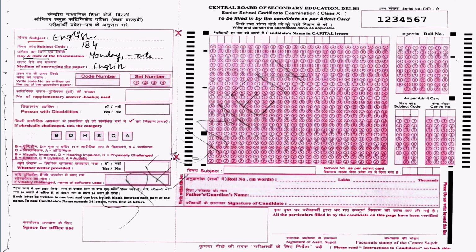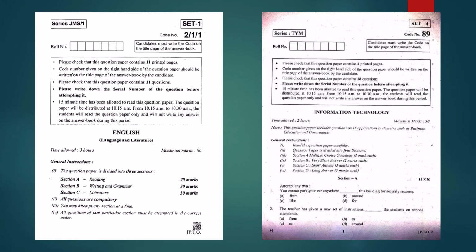After that you have to write the code number of the question paper. When you receive the question paper, at the top of the question paper you will find the set number, and the code number of the question paper will be printed. So you have to see the set number and code number carefully on your question paper, and this code number and the set number you have to furnish on your answer sheet.